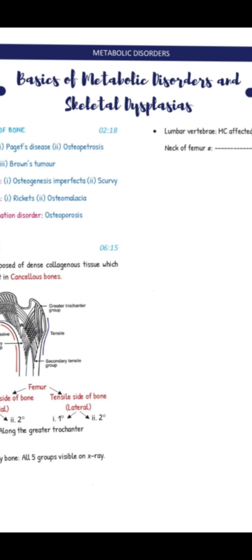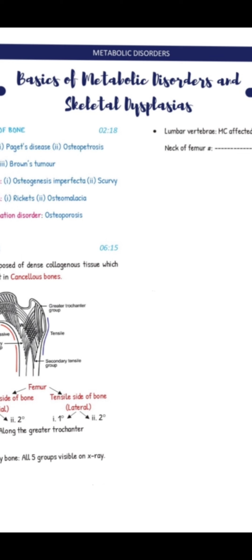The bone is of two types, cortical bone and cancellous bone. Cancellous bone you will get where? Near the epiphyseal region. Okay. So these are composed of densely packed collagenous tissue, which are present in cancellous bone.